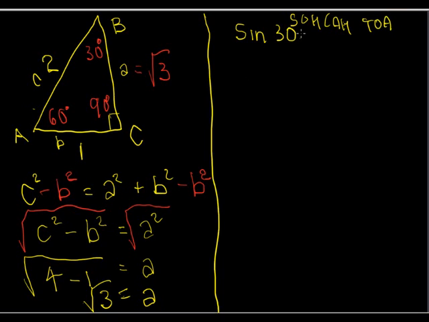So sine 30 degrees equals the opposite of 30 degrees there, which is 1, over the hypotenuse, 2, which is a half. Cos 30 degrees equals the adjacent over the hypotenuse, which is root 3 over 2.